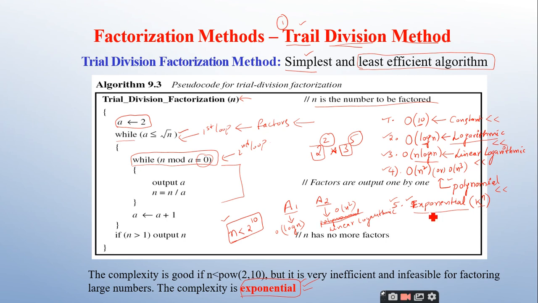We have not gone through sub-exponential. So sub-exponential is another time complexity that comes in between polynomial time complexity and exponential time complexity, somewhere around here. So here comes the sub-exponential.